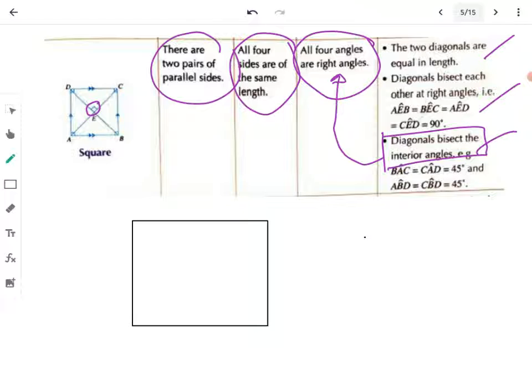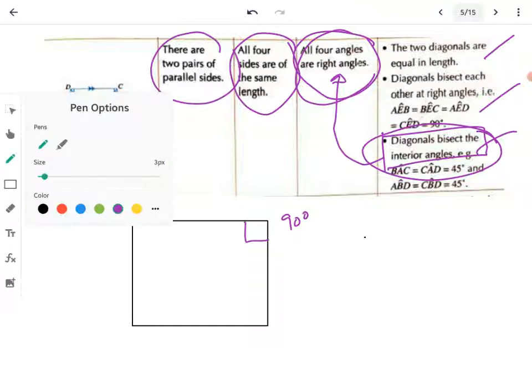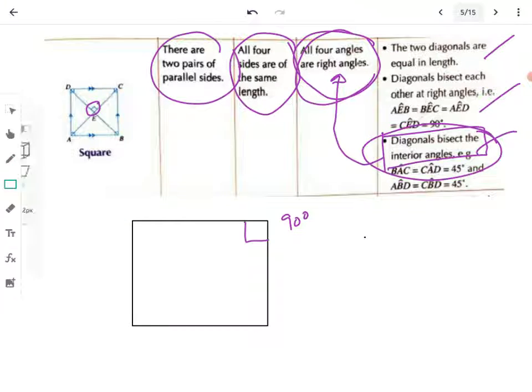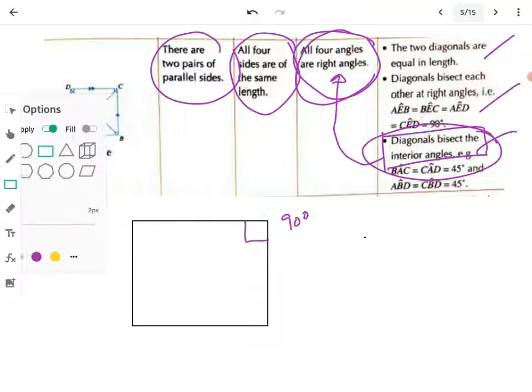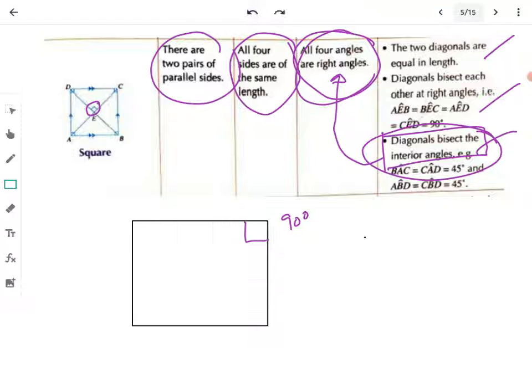We know by this property that this is 90 degrees. Now, using this idea, we draw a diagonal there. It bisects the 90 degrees. Now that gives us 45 degrees and 45 degrees.